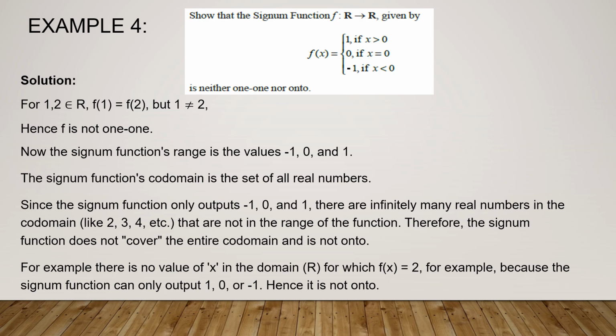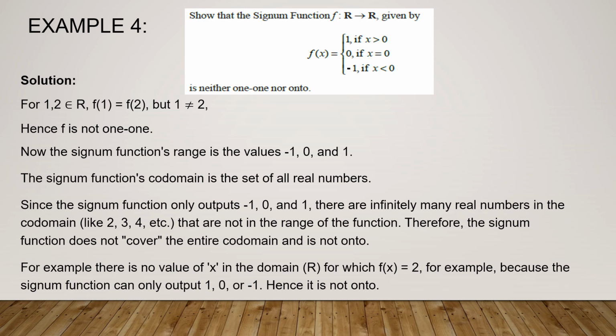Now since the signum function only outputs minus 1, 0, 1, there are infinitely many real numbers in the codomain, say 2, 3, 4, many numbers. R is the whole set of numbers. So except minus 1, 0, 1, in the codomain there are many numbers, 2, 3, 4, 6, all the numbers which are not there in the range of this function, which you will never get as f(x).